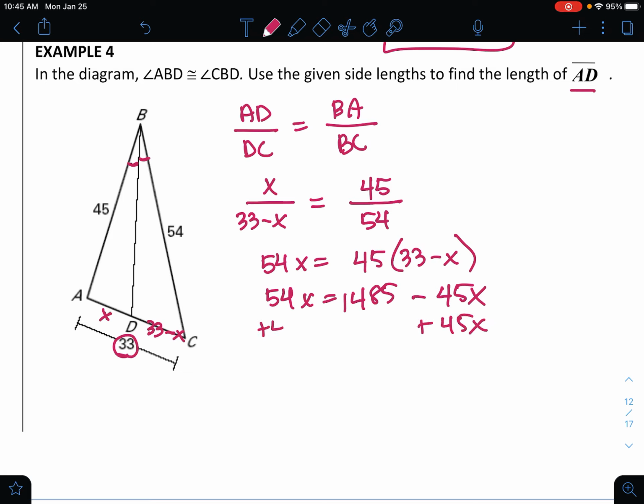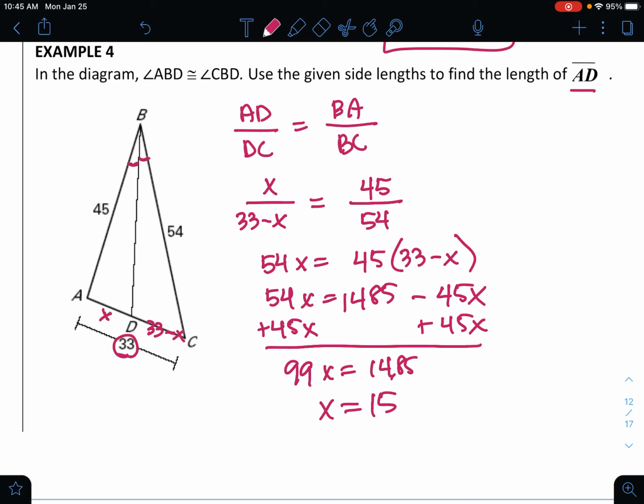So let's take 45X over here. So I need to add it. So 54 plus 45 is 99. 1485, and now I can divide. 1485 divided by 99, it gives me exactly 15.